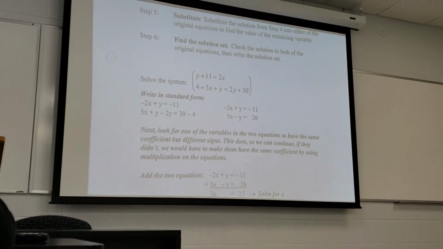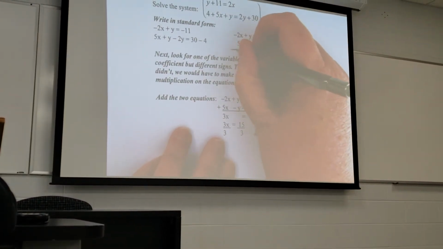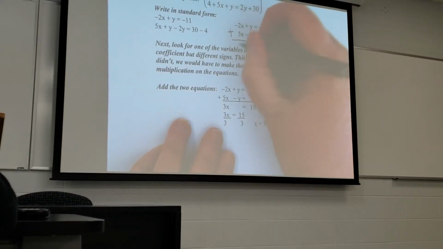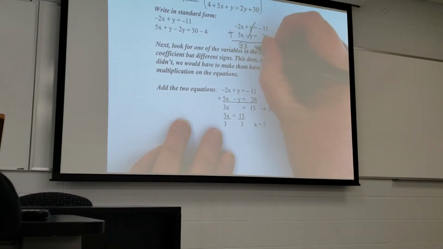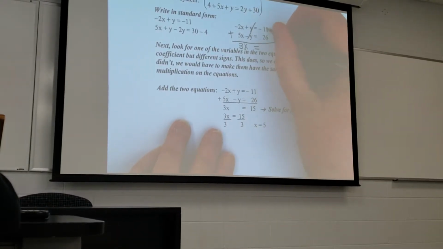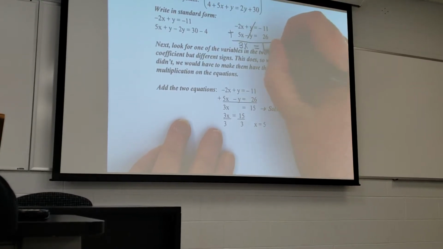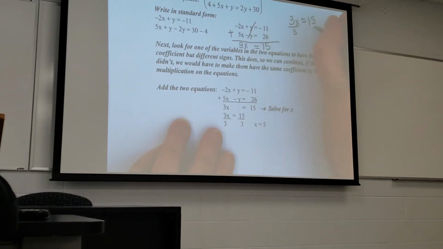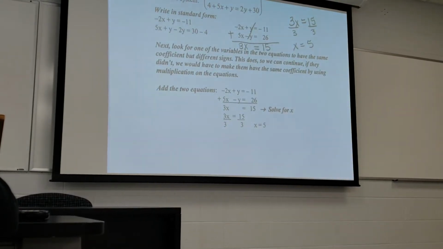They cancel each other out. So I'm going to add these. Negative 2 plus 5 is 3x. y minus y is gone, so 3x is equal to 15. Divide both sides by 3, x equals 5.